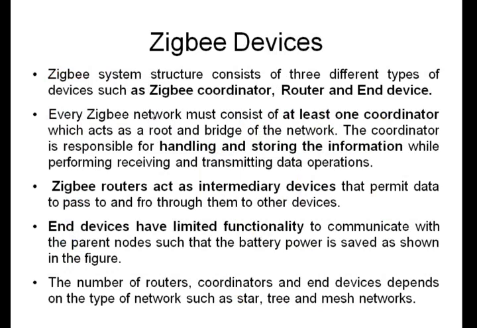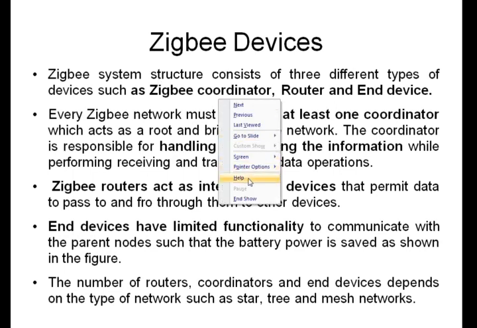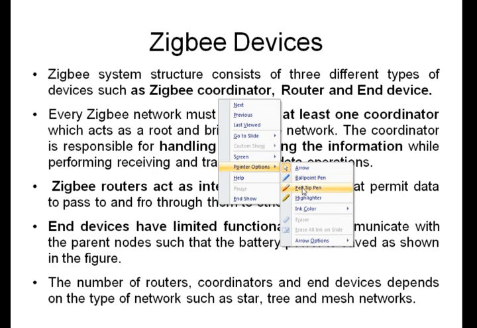A ZigBee network must consist of at least one coordinator, which acts as the root and bridges the network. The coordinator is responsible for handling and storing information while performing receiving and transmitting data operations. So each ZigBee network has at least one coordinator.